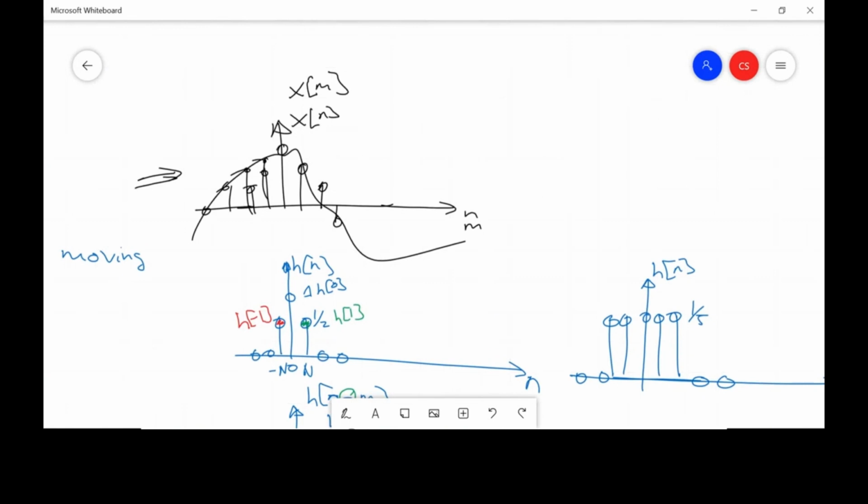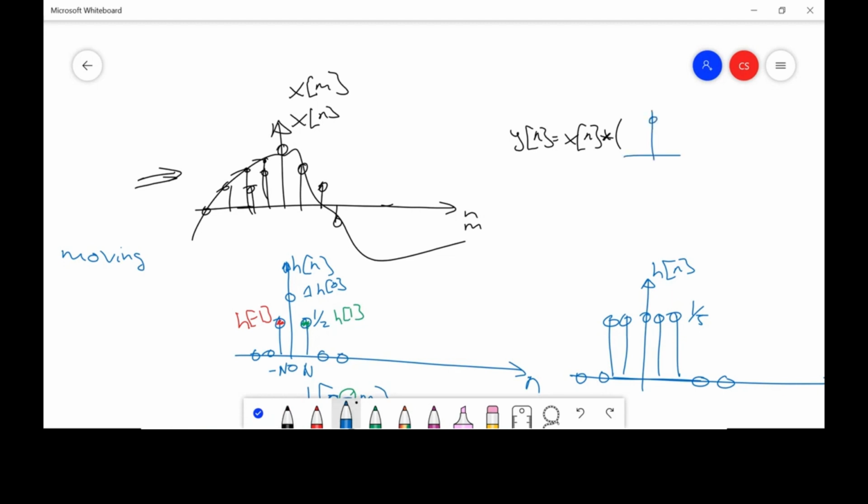So let's think of this example here, and let's say I want to compute y of n. y of n is x of n convolve, let me be loose about the notation, I think it is interesting to do that, I have to convolve with this, and all the rest are zeros.